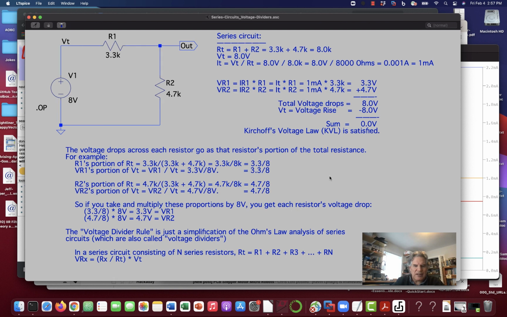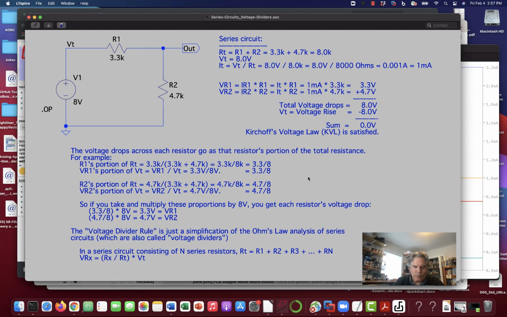So the whole idea of this voltage divider, that's what we're doing, right? The voltage drops across each resistor go as that resistor's portion of the total resistance. It's just the way the math works out. This resistor here gets 3.3K out of 8K worth of the total voltage, 8 volts.